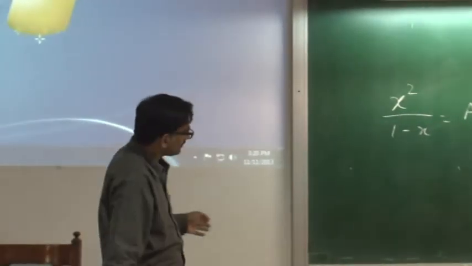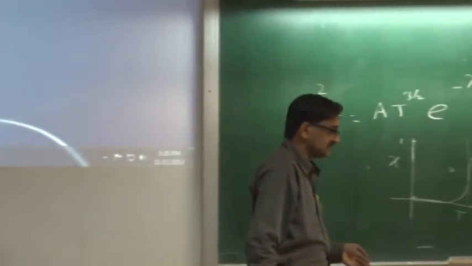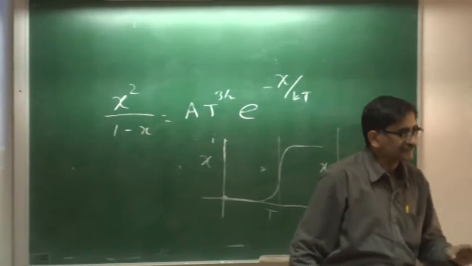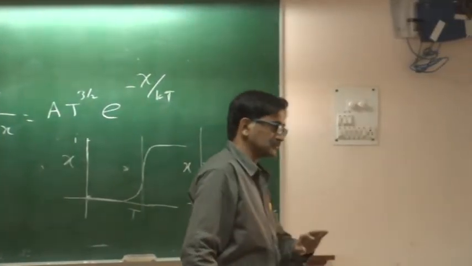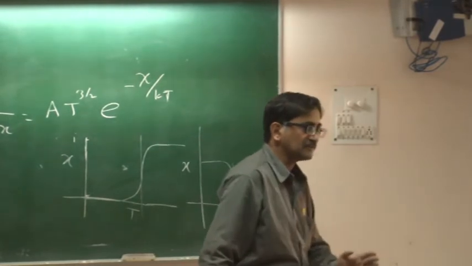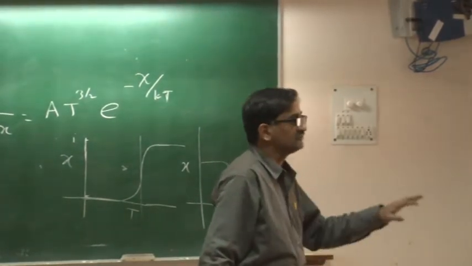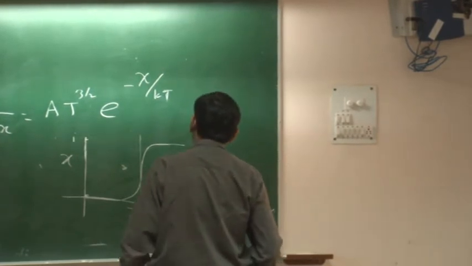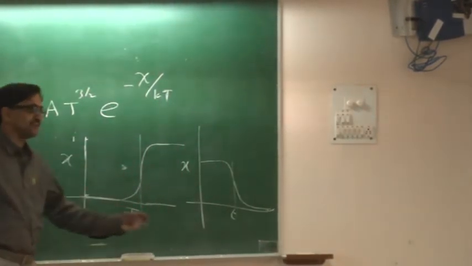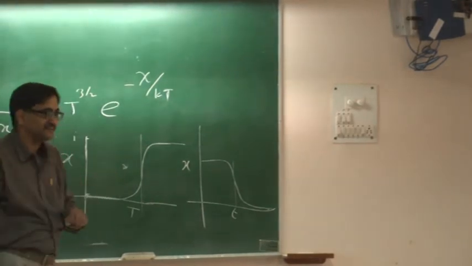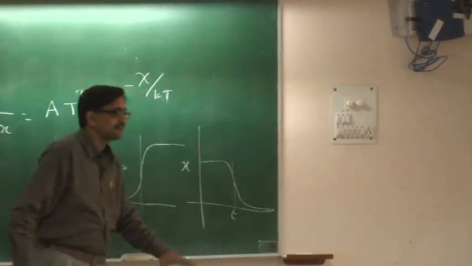And before this epoch, the universe was ionized. Much before this epoch, the universe was completely ionized. Much after this epoch, the universe was almost neutral. Okay? Now, the origin of CMBR, as we see it today, is deeply related to this phenomenon.